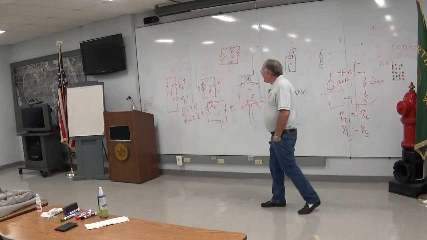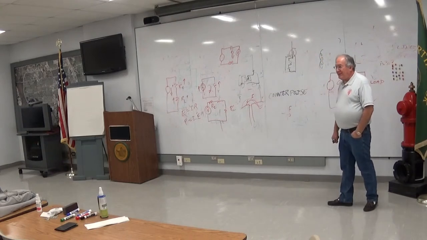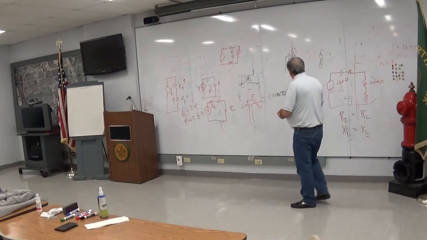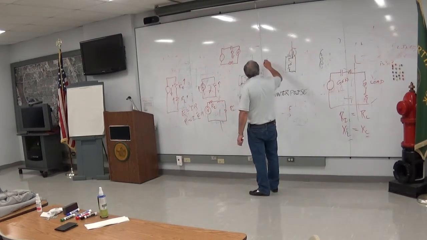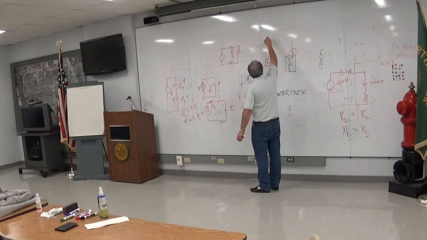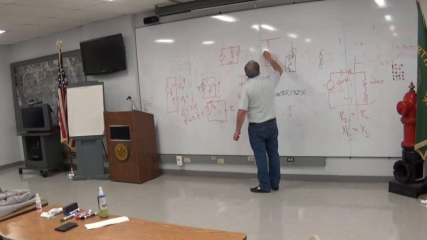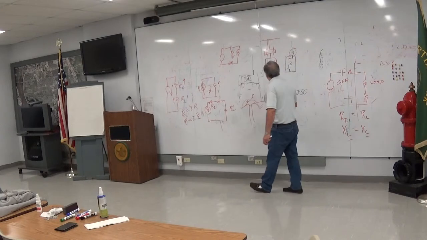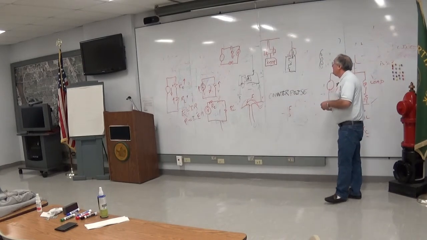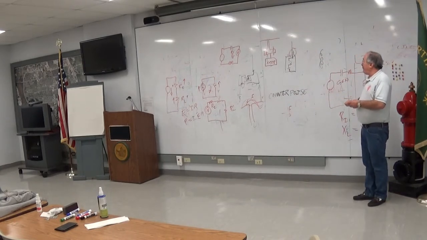And that's what a matchbox does. In ham radio, you have your transmitter, you have your antenna, and very often in between you have a box that has either inductance or capacitance.